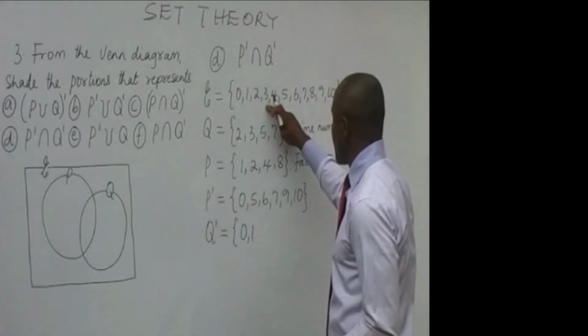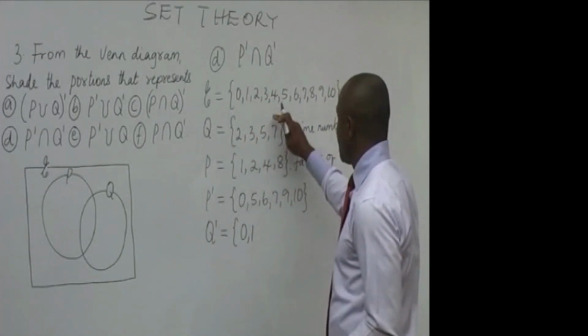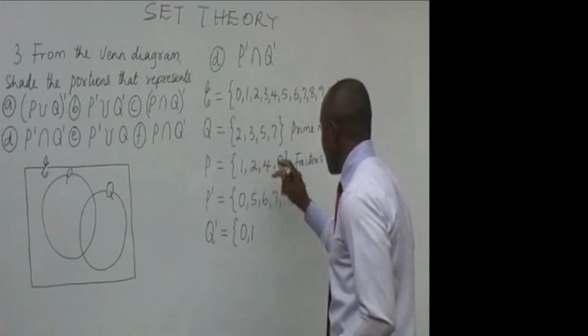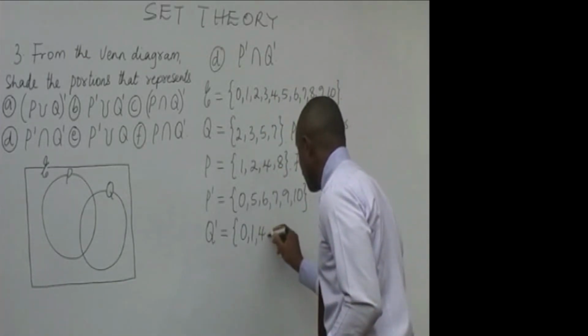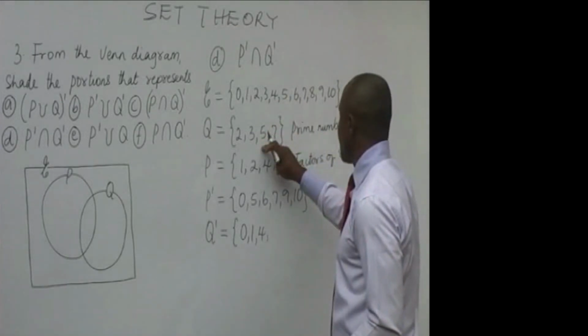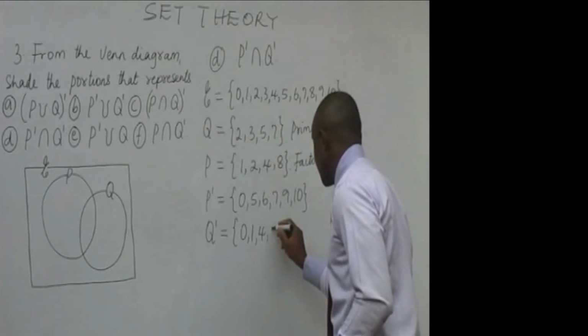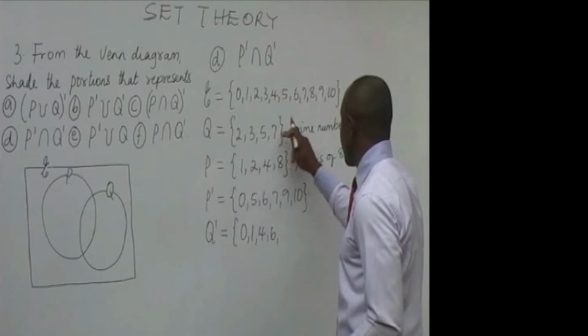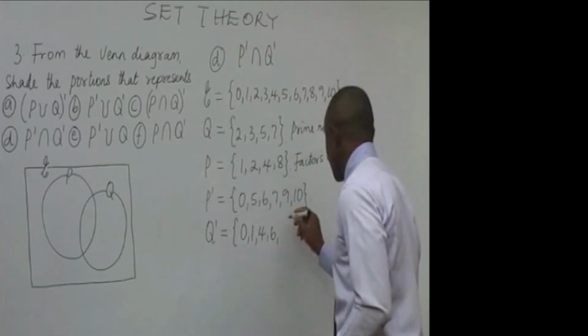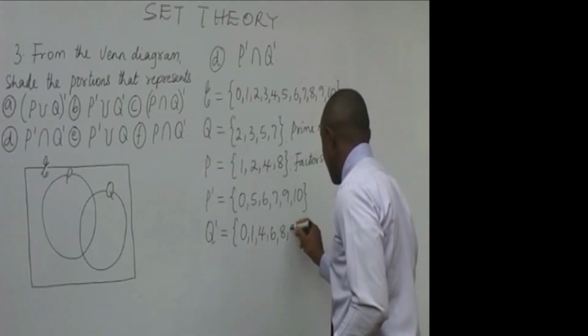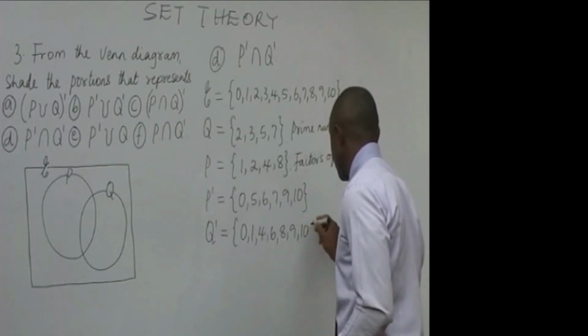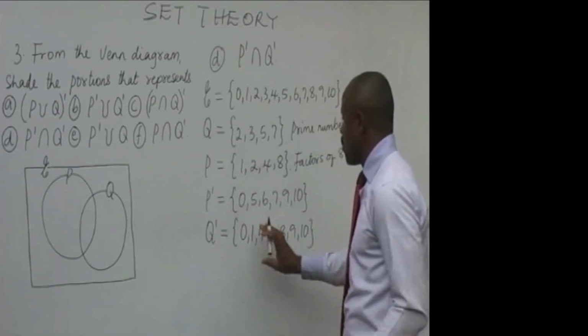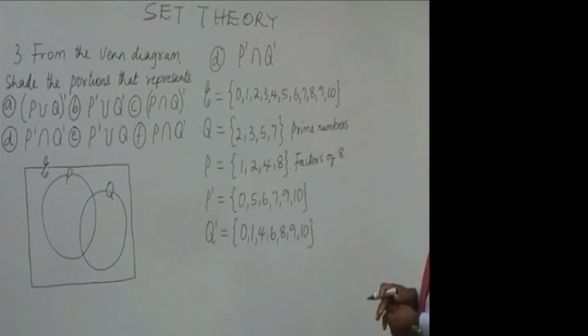That is 2, that is 3. That is 4 here, no 4 here. So the next is 4. That is 5, that is 5. That is 6 here, no 6 here. So the next is 6. That is 7, that is 7. So we have 8, 9, 10. So these are the members of Q prime.